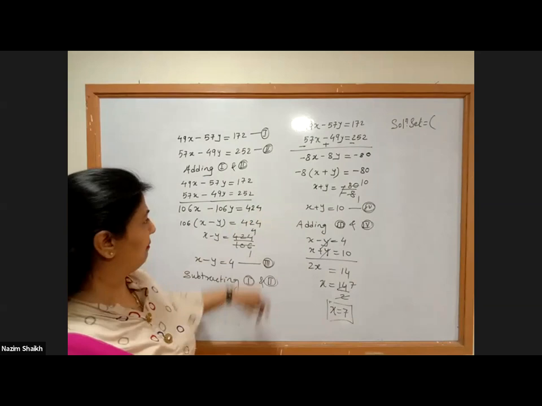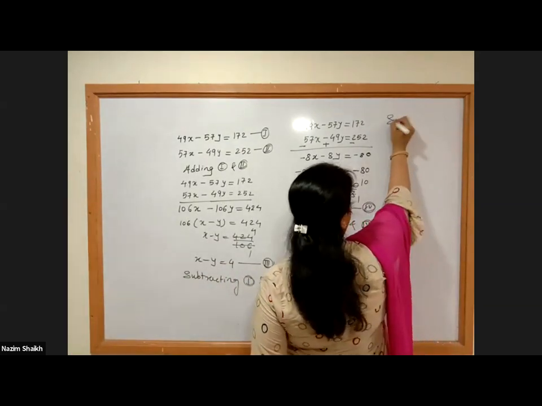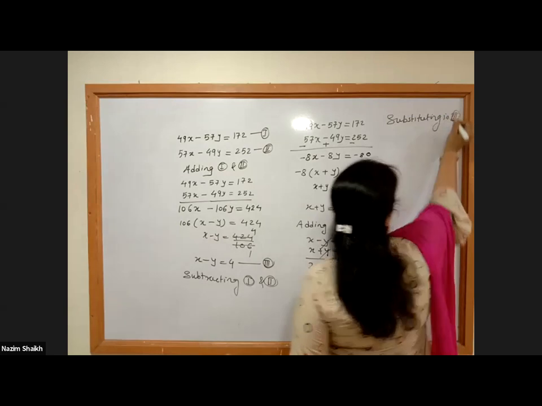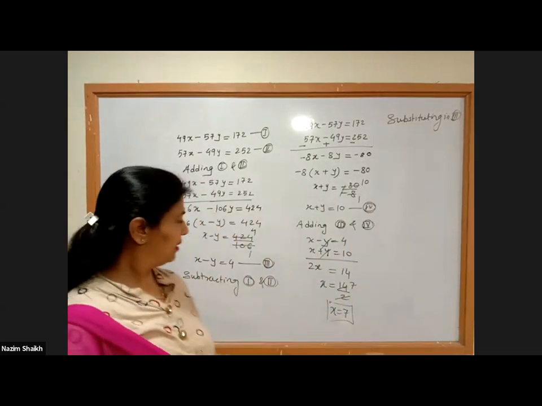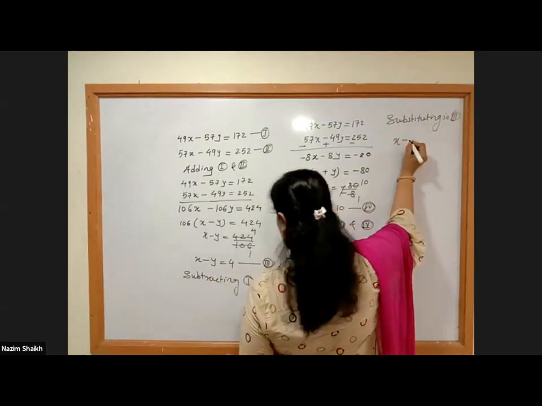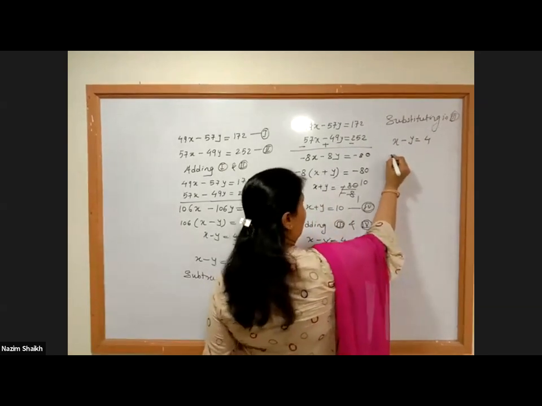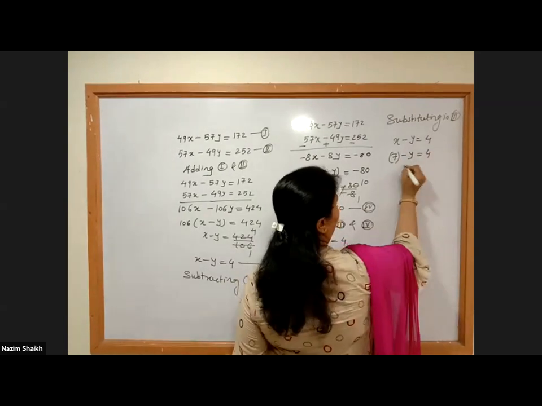Okay, I'm going very fast. Yes, what is the next step? Ma'am, y नहीं निकाला. Substituting in 3. Yes. So equation 3 is x minus y is equal to 4. At the place of x, I'm going to write down 7 minus y is equal to 4.